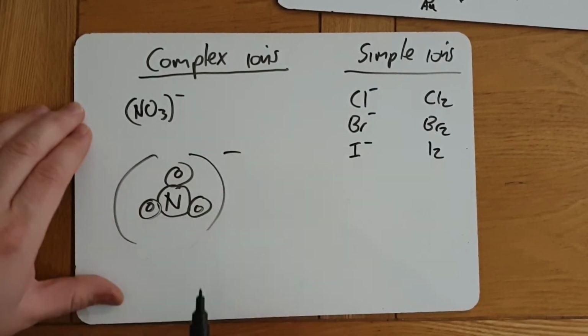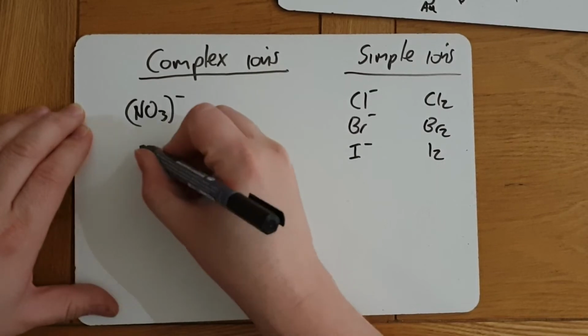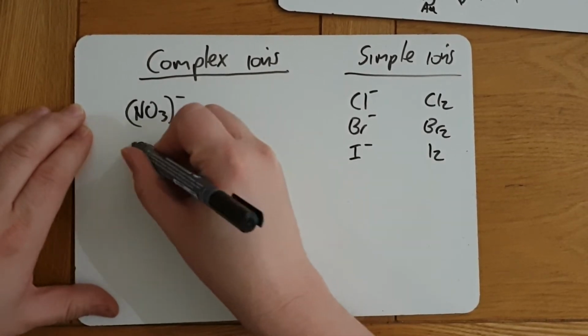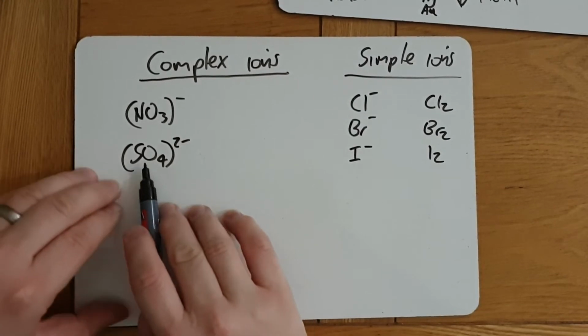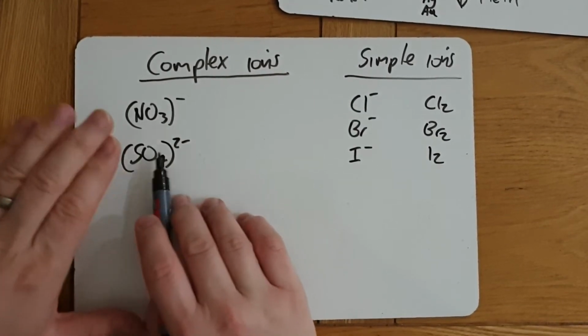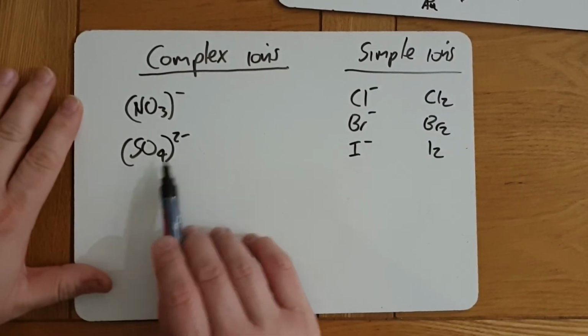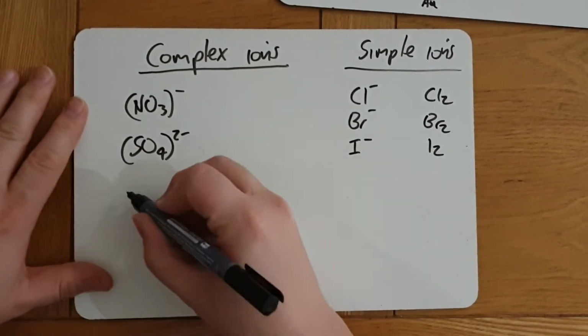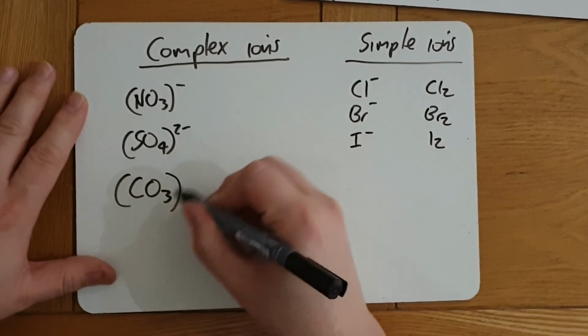This is why it's a complex ion. You've also got to know about a sulfate ion, which is SO4 2-. That's 1 sulfur and 4 oxygens all joined together. Don't stress about how that works, but just know that it's SO4 and all together it's got a charge of -2. Or a carbonate ion, which is CO3 2-.